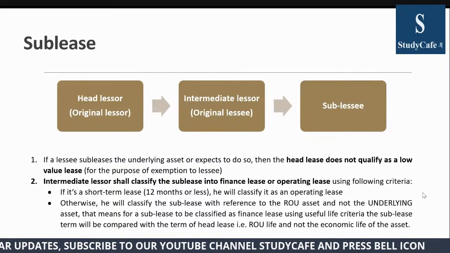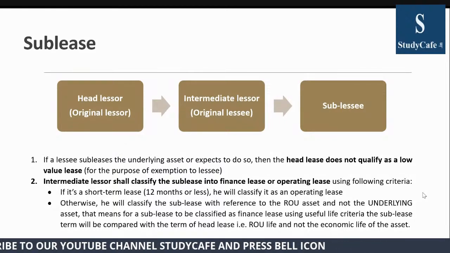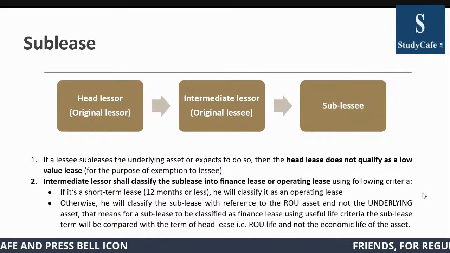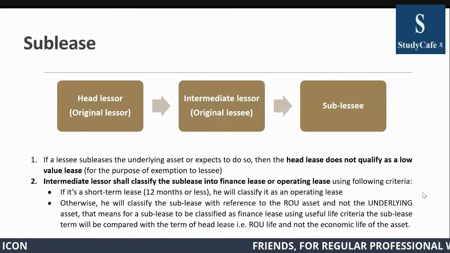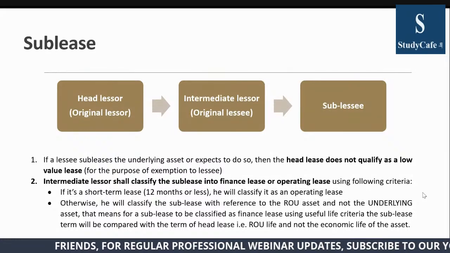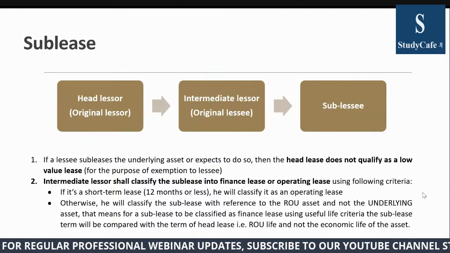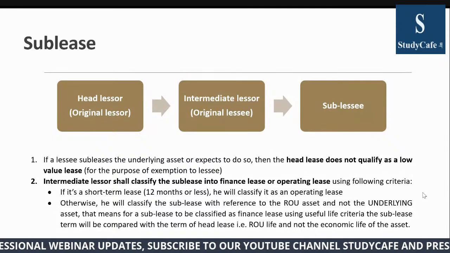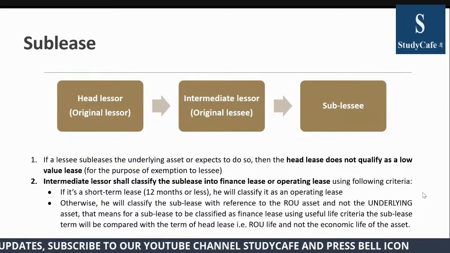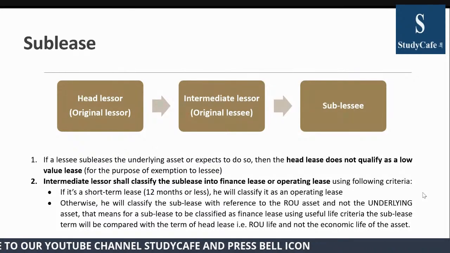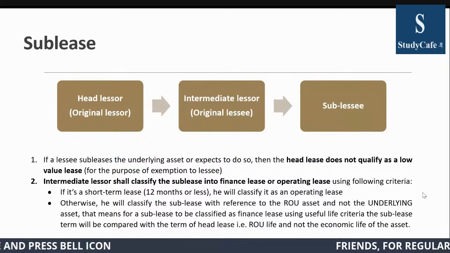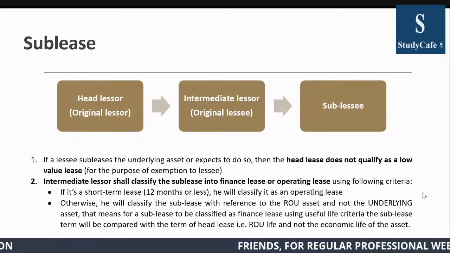So that is the only thing that is required to be kept in mind while assessing the classification of the sublease. Also, another catch in this is when there is a lease of low value. As we understood initially, the exemption given in this standard is for low value leases and short term leases. So when there is a lease which is of low value and the exemption has been claimed for it, if there is a sublease part in the low value lease, in that case the exemption cannot be claimed.